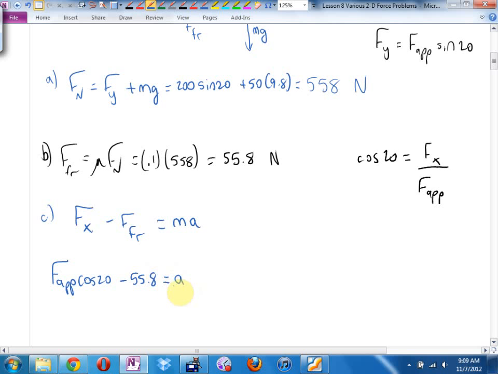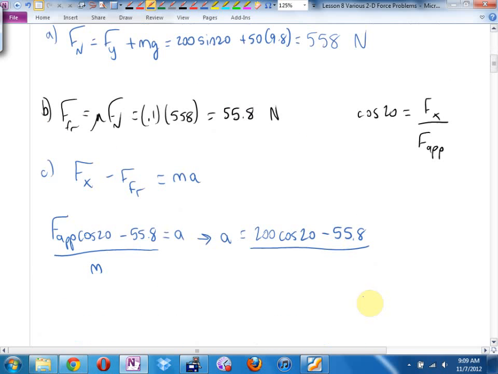It equals the mass times the acceleration, so divide by mass to get the acceleration by itself. Acceleration is going to be, what was F applied, 200? 200 cos 20 minus 55.8, all divided by, what was the mass? 50.